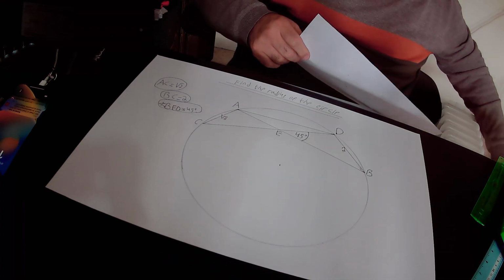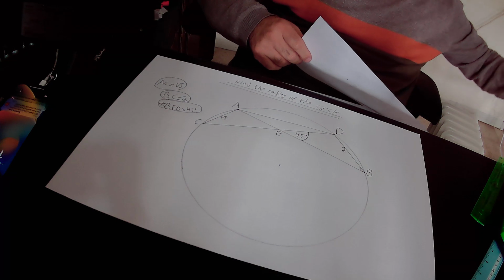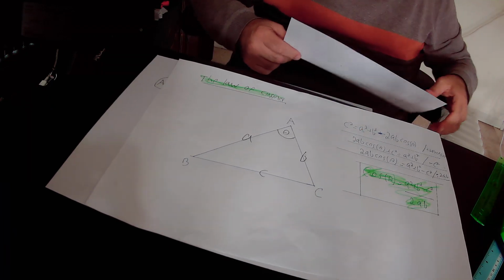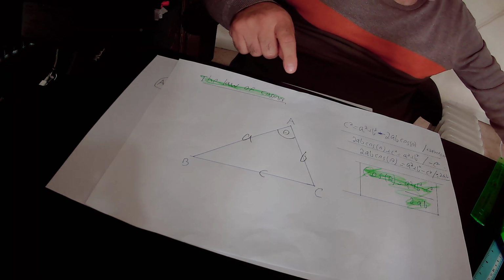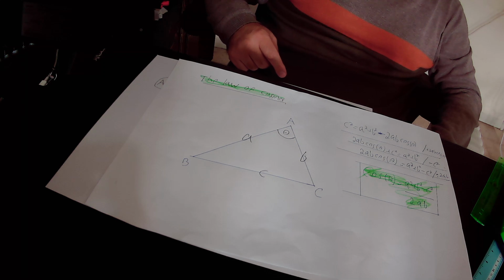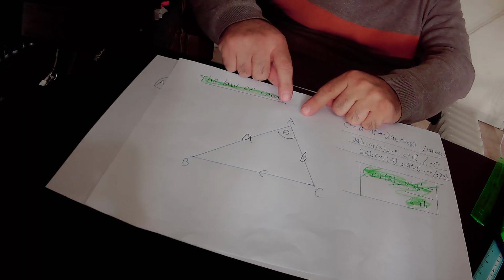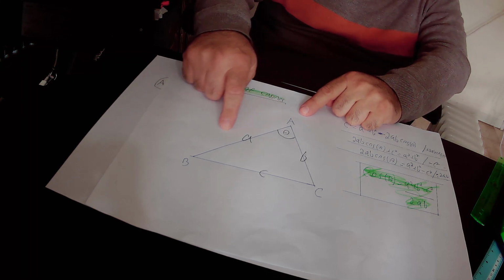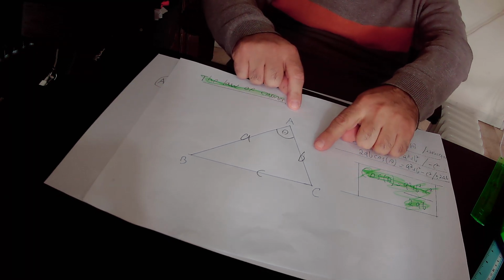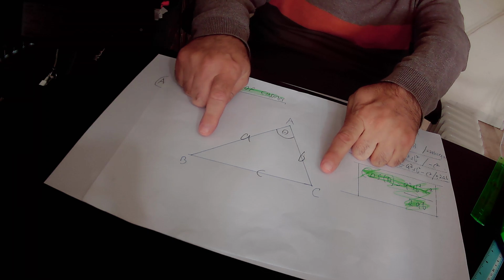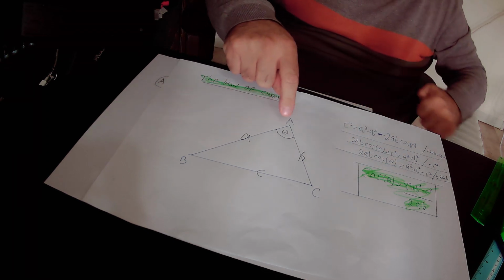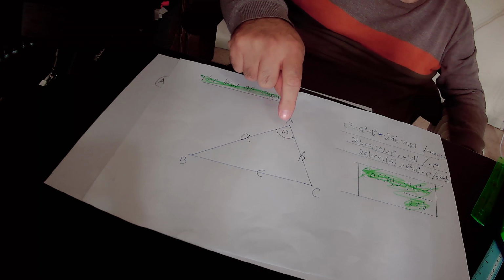And the second rule is the law of cosines. According to the law of cosines, in any triangle, this triangle ABC could be any triangle, side AB equals A units, side AC equals B units in its length, and side BC equals C units in its length, and this angle BAC equals theta.